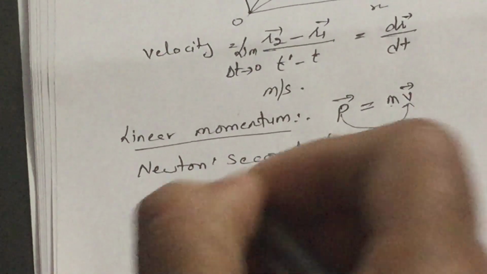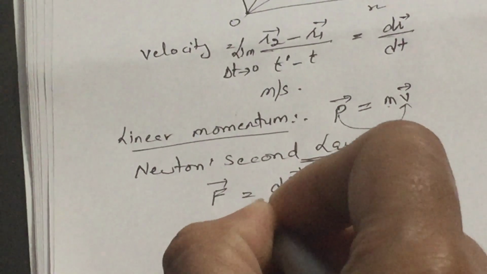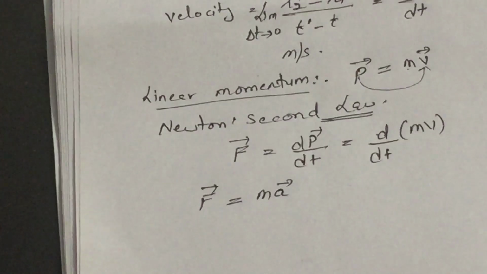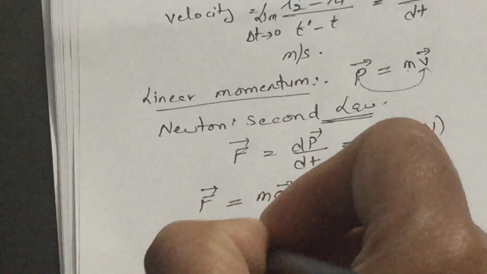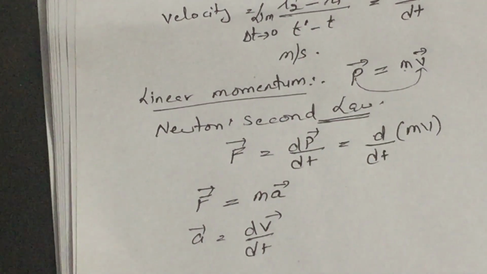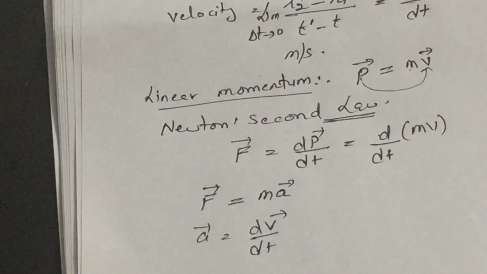So we can write the above result as mass into acceleration, where acceleration is a vector quantity given as the rate of change of velocity with respect to time. The direction of acceleration is the direction of change in the velocity.